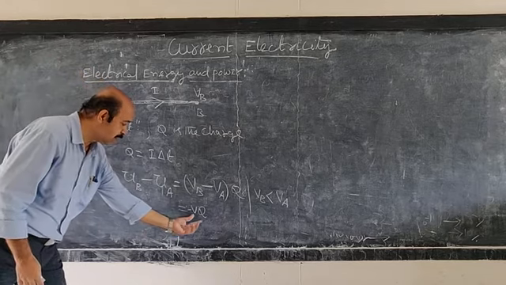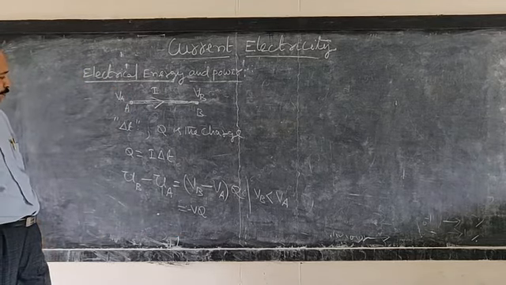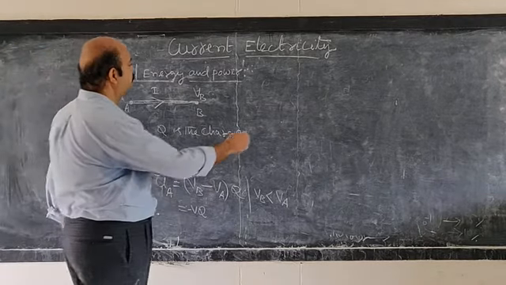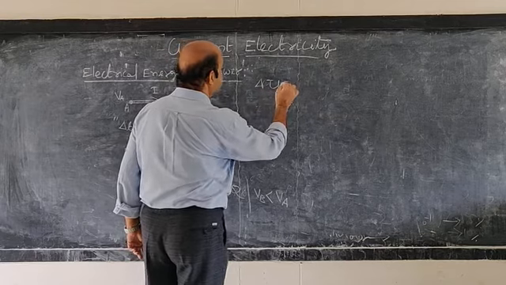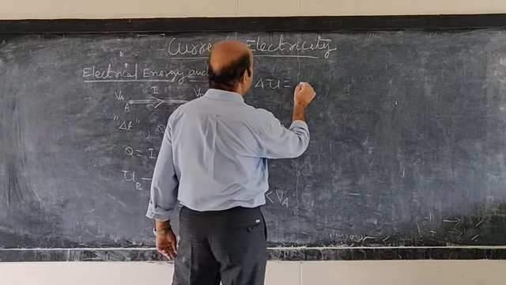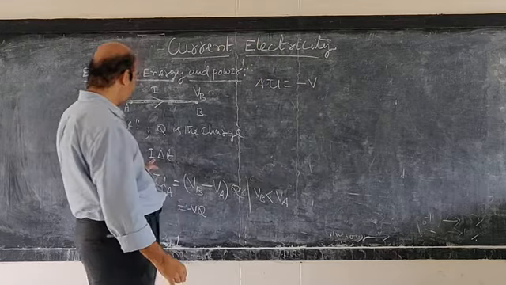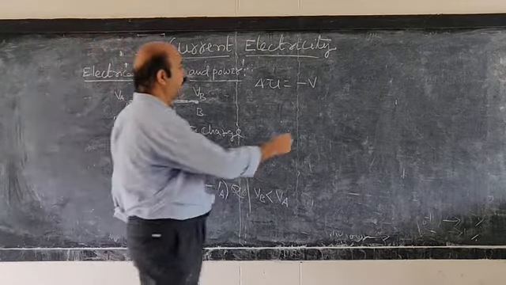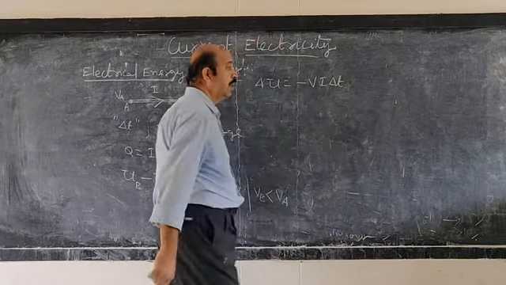So it lost this much energy. So this energy, that is the change in potential energy, is equal to minus V into, in the place of Q I can write I into delta t. So I into delta t.